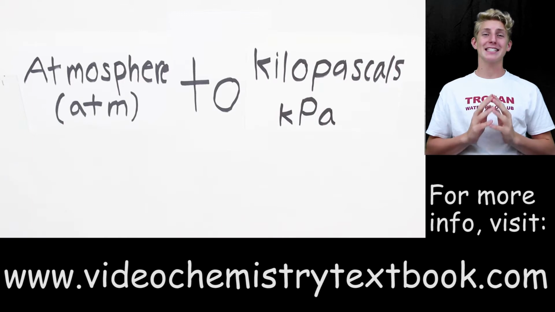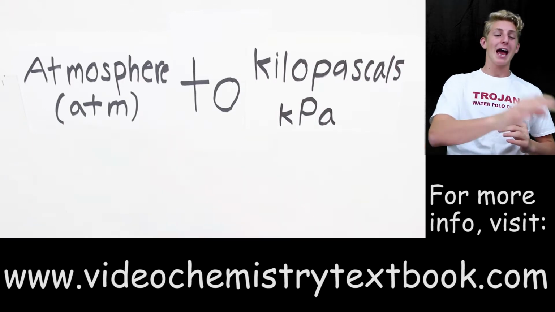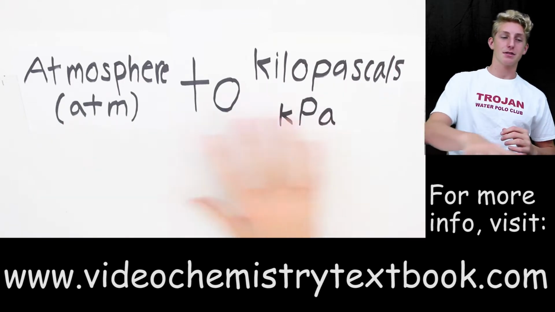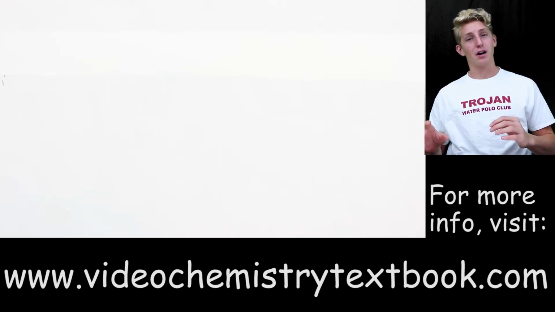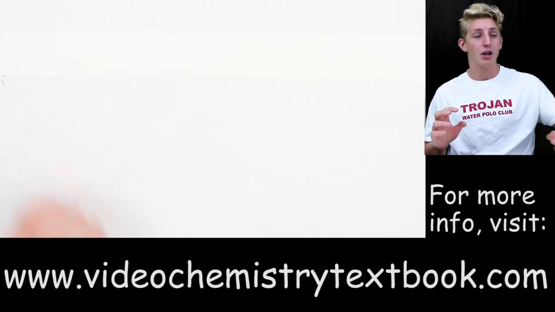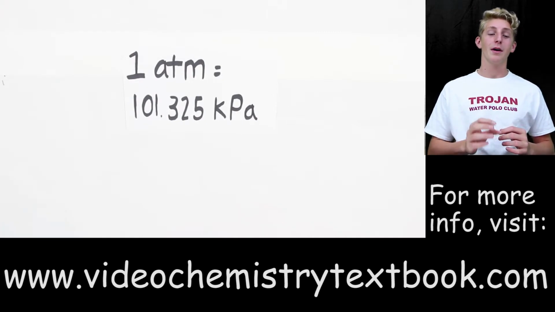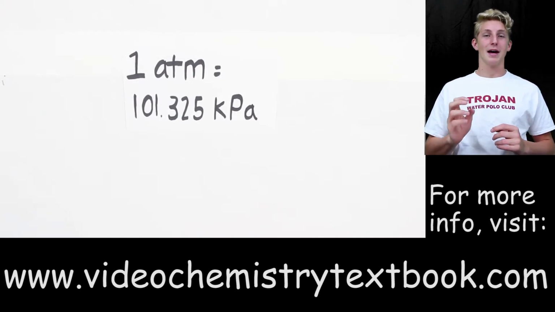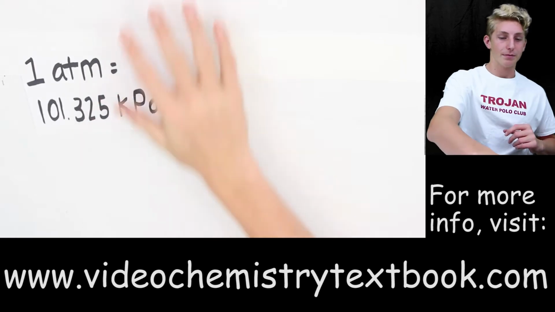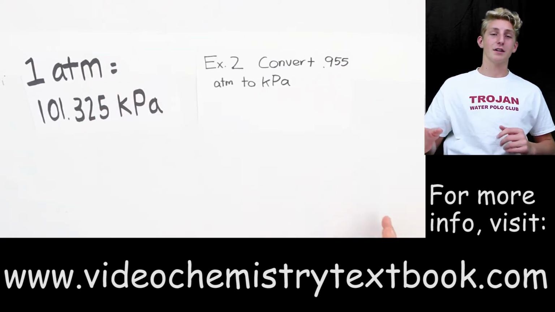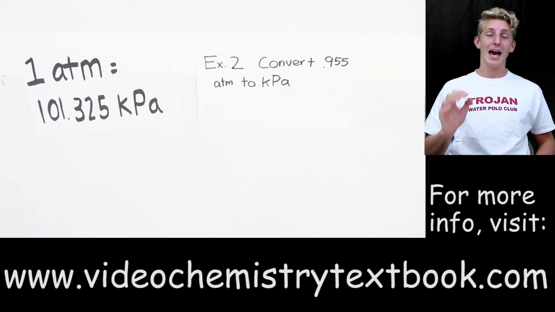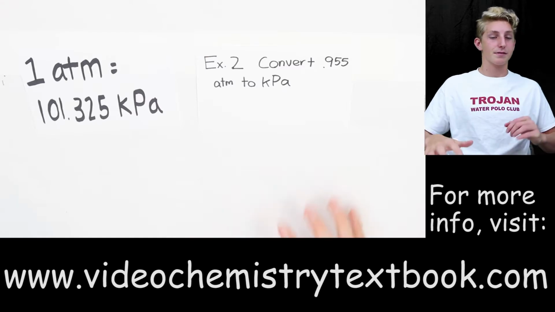Alright, so for our second example, we are going to be converting atmosphere to kilopascals. Before we start, we need to know our conversion factor, which in this case is 1 atmosphere equals 101.325 kilopascals. Now, for an example, let's convert 0.955 atmospheres to kilopascals.